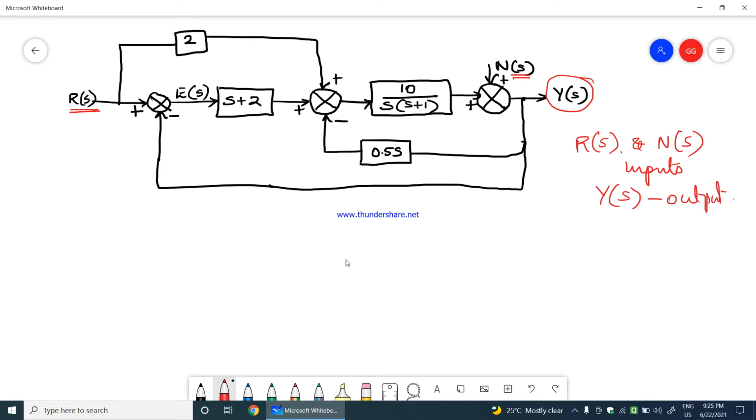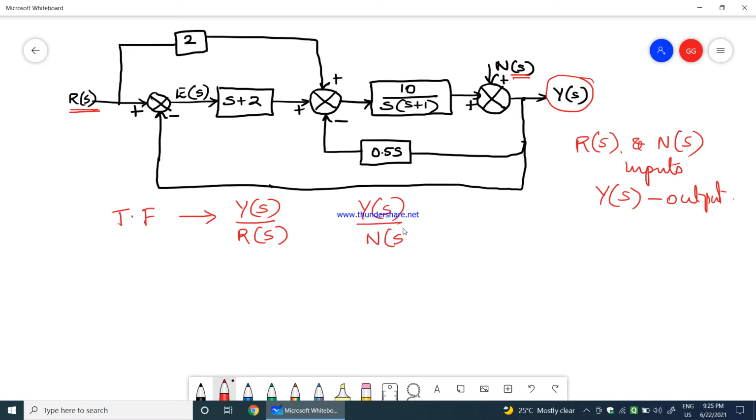Now, there will be two different transfer functions: one is Y of S by R of S, and the other one is Y of S by N of S, output by input.